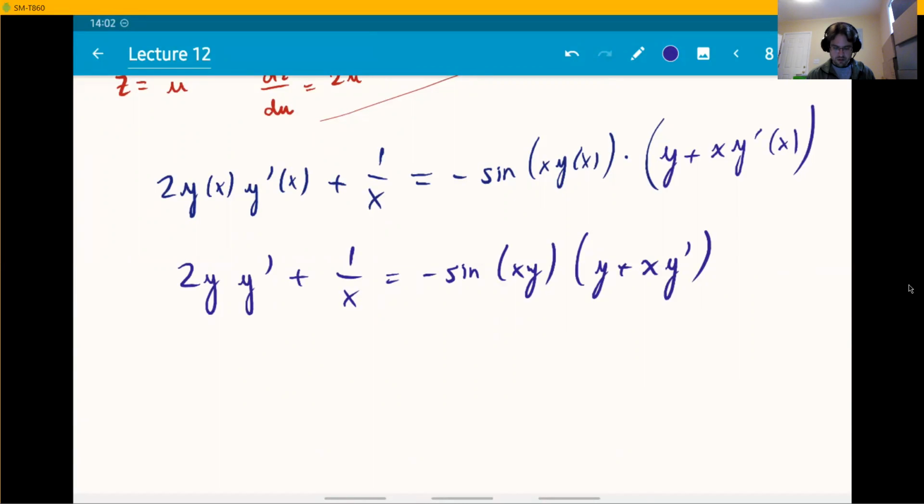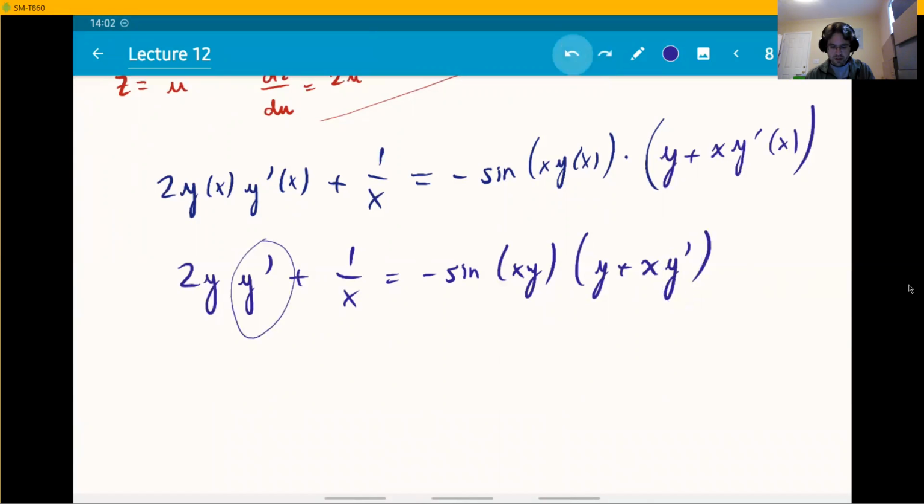Why did we do that? Well, remember that the question was asking to find an implicit equation for f prime, which is the same thing as y prime. f was called y in this. If you have an implicit function, it's normal to call it y instead of f. So we wanted to find an equation for y prime.